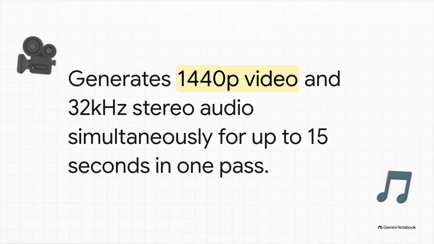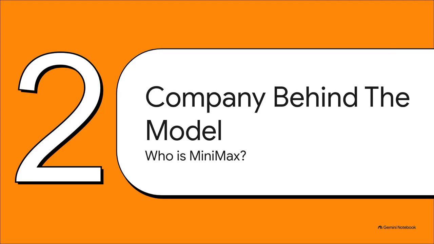It jointly understands text, images, video, and audio all at once. And the result? It can pump out 1440p video, that's 2K resolution by the way, alongside crisp 32 kHz stereo audio simultaneously for up to 15 seconds. Up until now, syncing high-fidelity stereo audio natively in a single pass has been a massive hurdle for open-weight models.